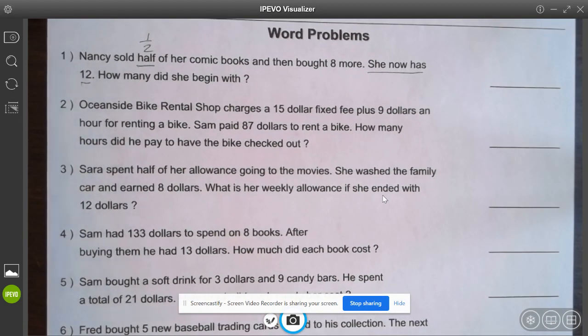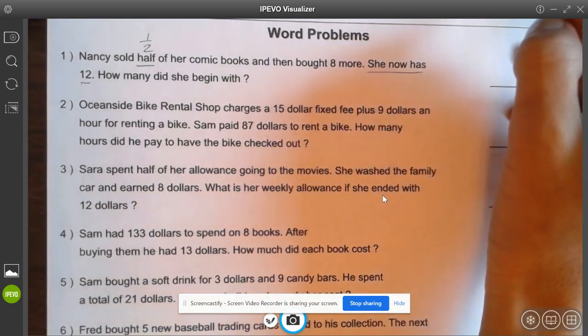I remember how I told you that I like to work to find the result first, and that would be equals and then that number. That helps me kind of form the equation better. And then my question is, how many did she begin with? So if she sold half of her books, that would be half of X. We don't know how many she had.